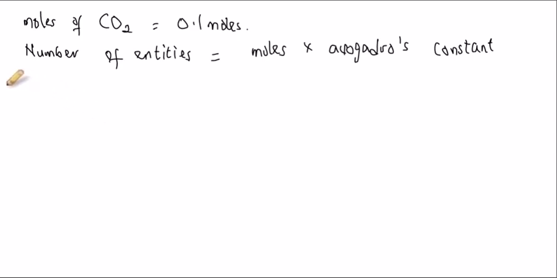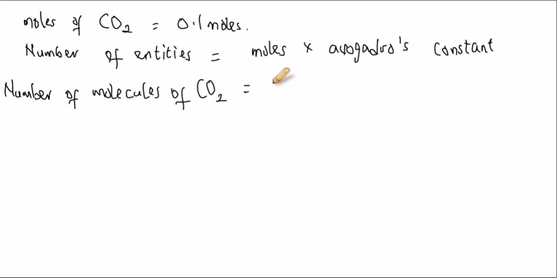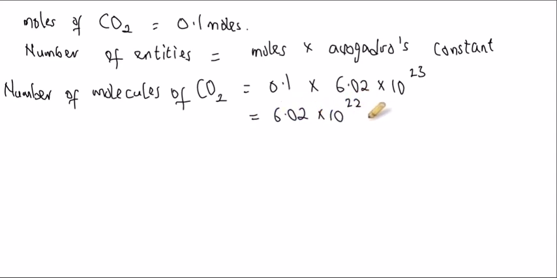So here I will say number of molecules of carbon dioxide equals the number of moles, we've gotten that to be 0.1, multiplied by Avogadro's constant, which is 6.02 times 10 raised to the power 23. And calculating this, we have 6.02 times 10 raised to the power 22 molecules, and this will be serving as the final answer.